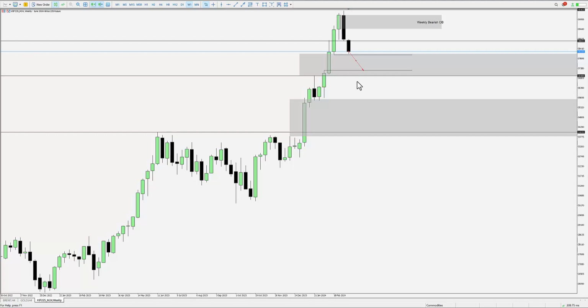So ideally you need to be hunting for shorting opportunities on Nikkei index, targeting internal range liquidity of sell stops. So that's the draw on liquidity.